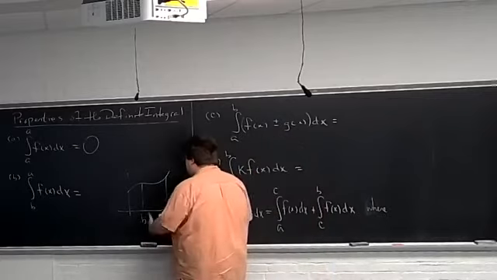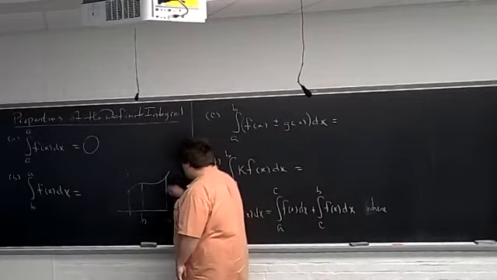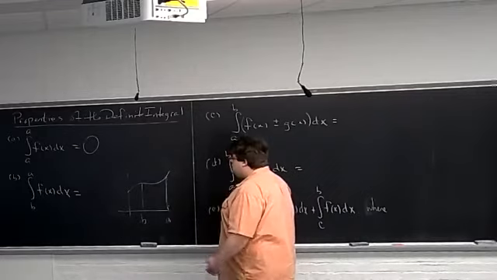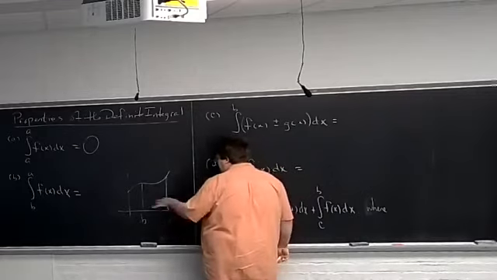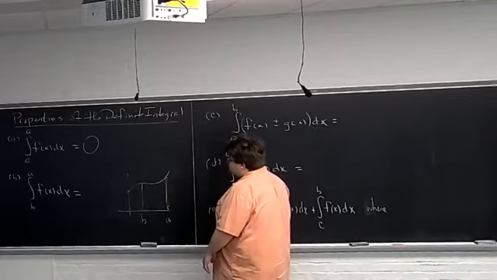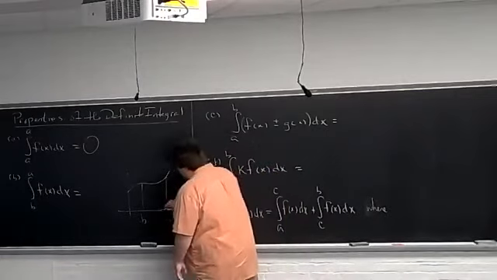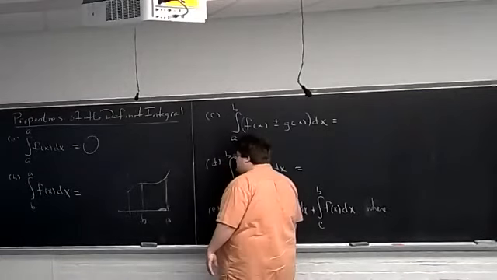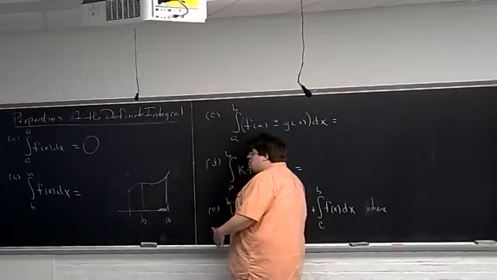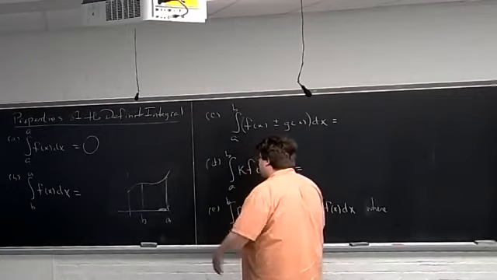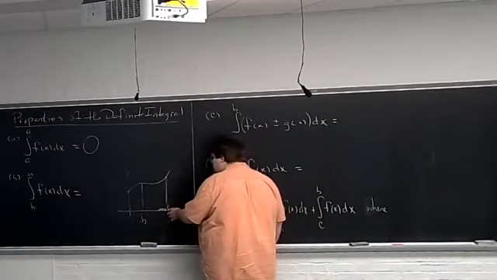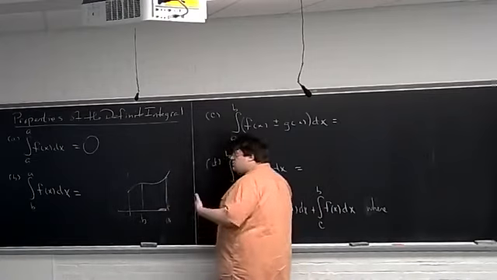But if we flip these around and instead make this our starting point, the base of each rectangle would actually be negative. If the right endpoint was 4 and the left endpoint was 5, then the length of that piece, starting from this side, would be 4 minus 5, which is negative.